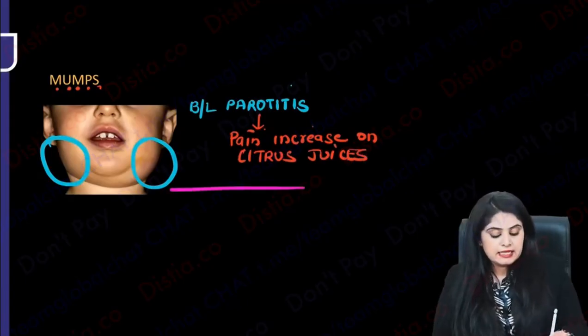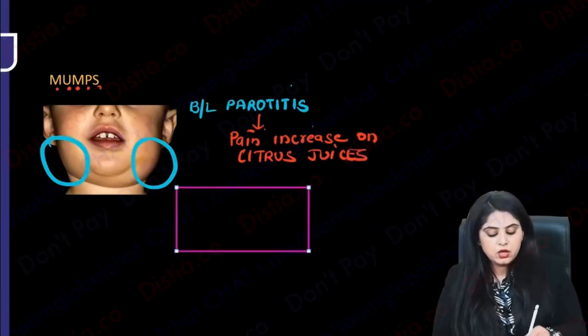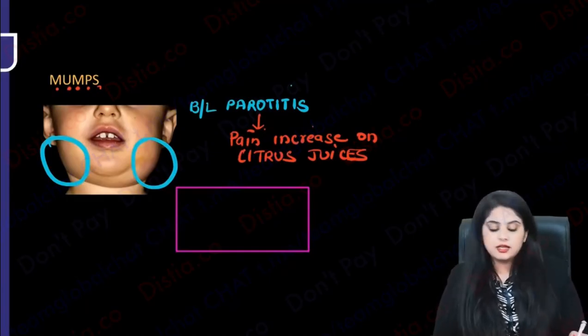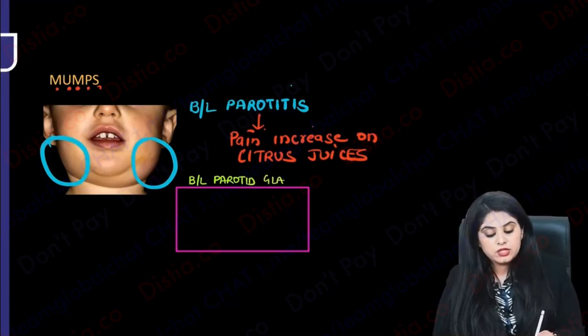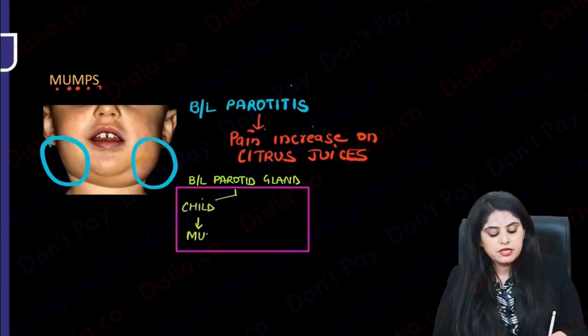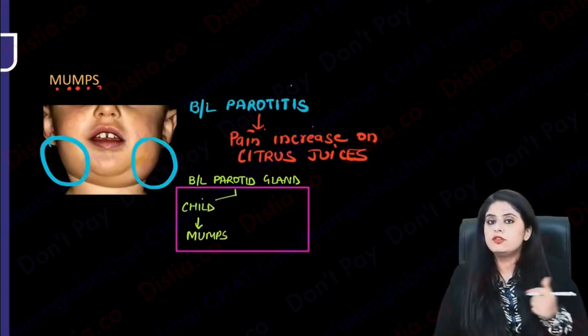Now I'll give you one clinical dictum which will help you a lot in surgery and other subjects also. Whenever there is bilateral parotid gland involvement, you have to look out in the question for two things. Number one, if it is a child, the infection you are going to think of is mumps, which is in front of you.